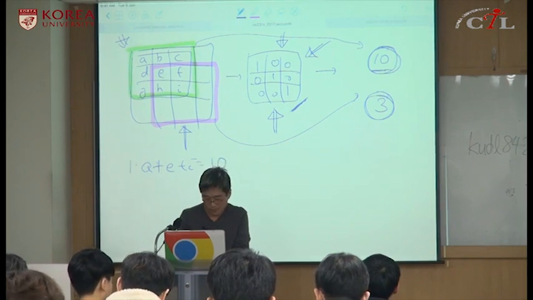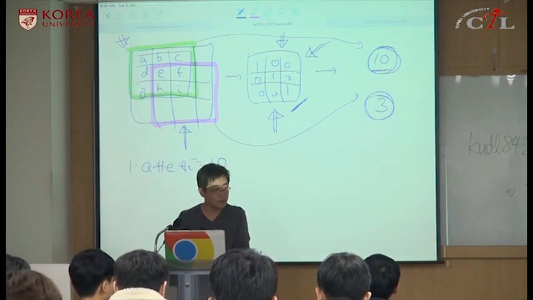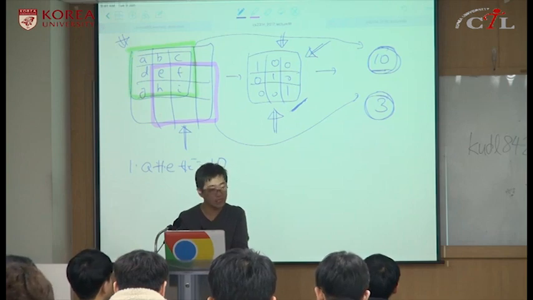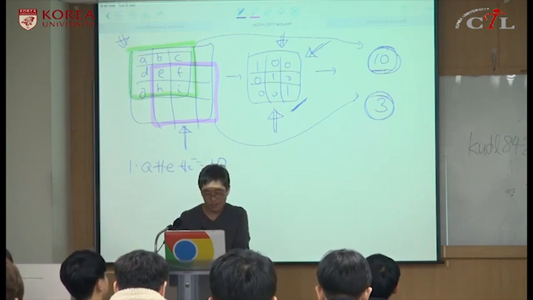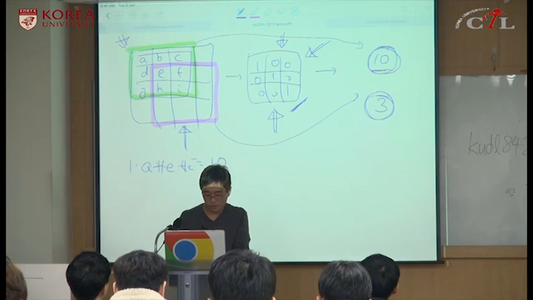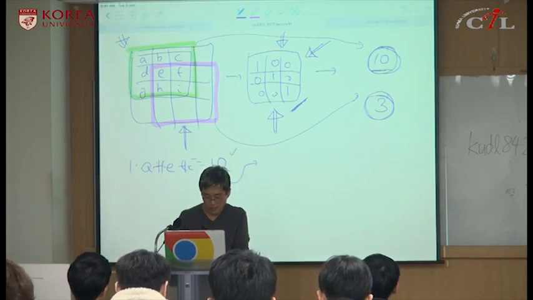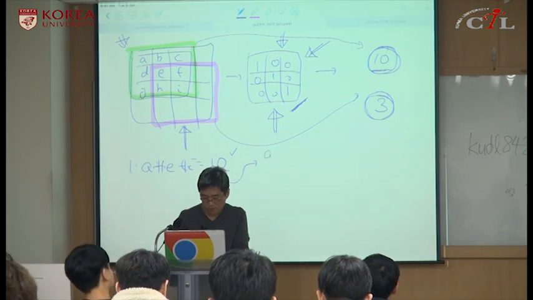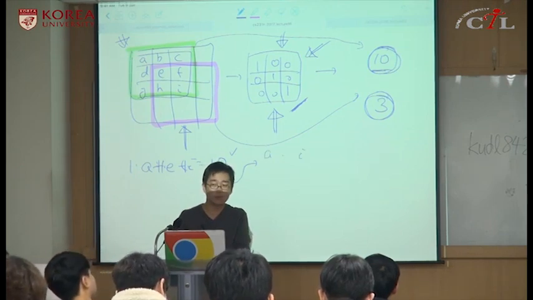In general, our filter coefficient is 1 for these A, E, and I, right? And can we infer the exact value from this single equation? I mean, the exact value of A through I, for example, right?